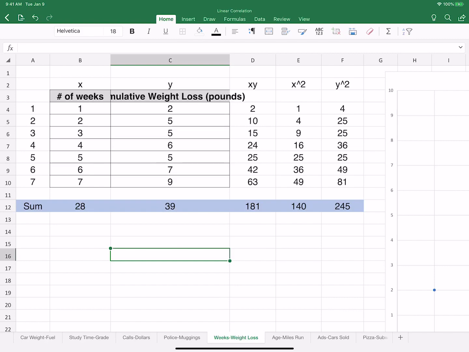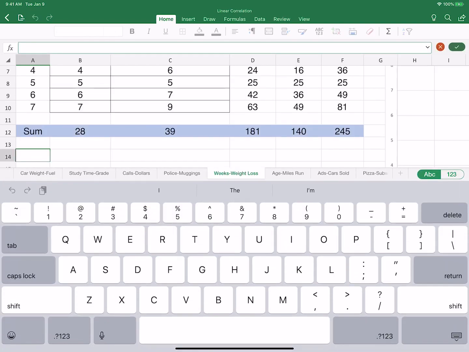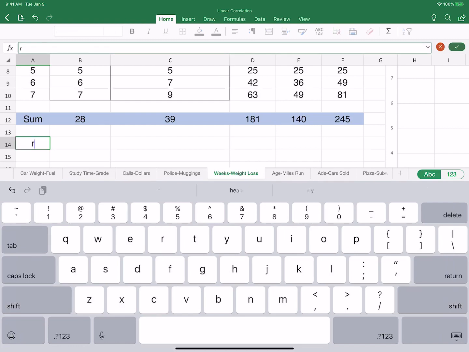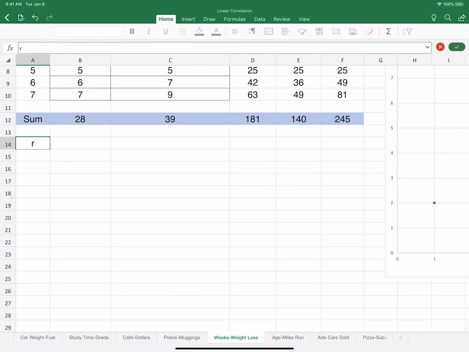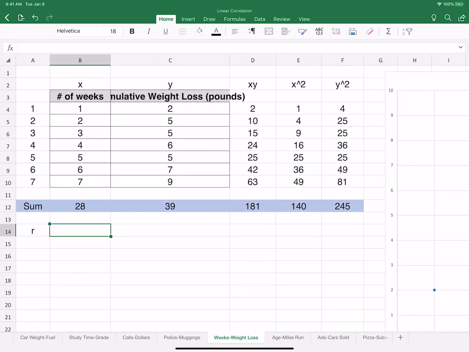As you copy this, I'm going to compute the correlation here. Okay, so copy that. I apologize.